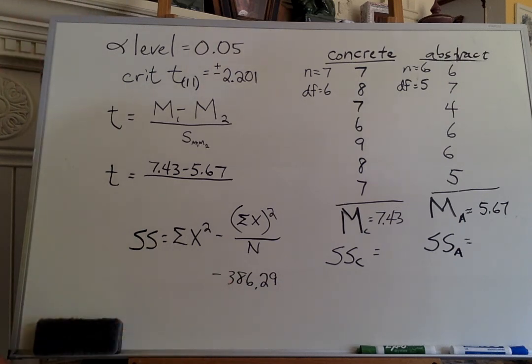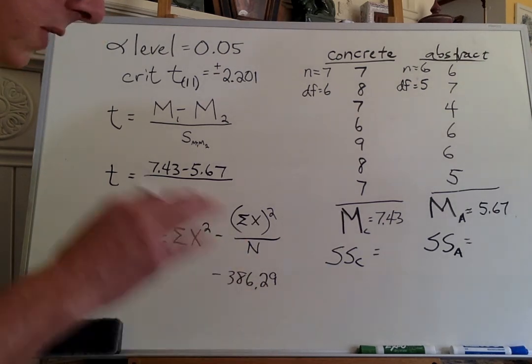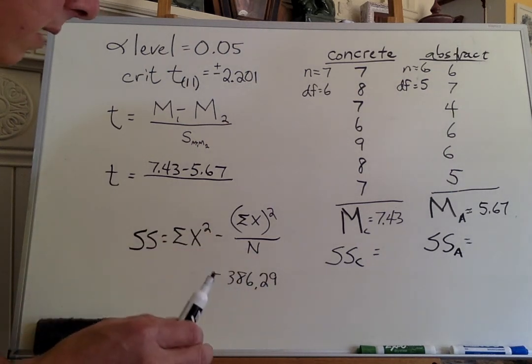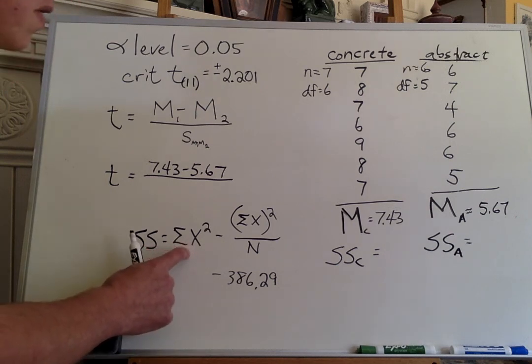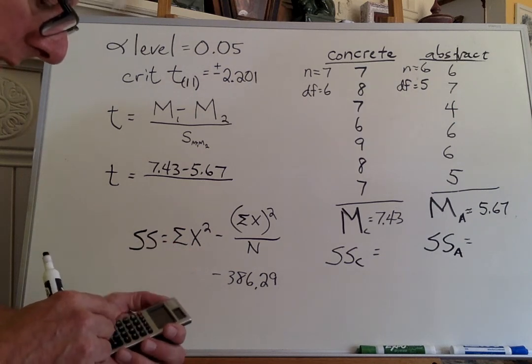By the way, if you want to stop the video and do these computations on your own to see if they match with what I'm coming up with, I would highly recommend that. Remember that this part is squaring each of the numbers and then adding it together. So let's do that. Boy, I'm glad I know my squares.